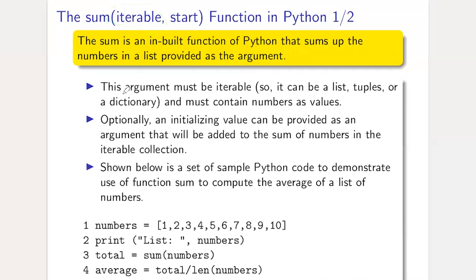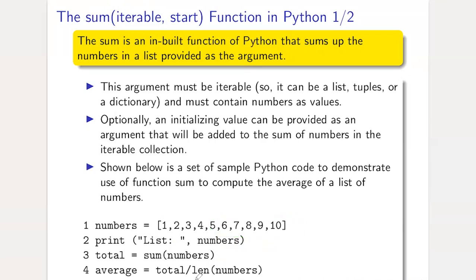So if I want the whole list, I can leave the second argument blank. But if I want to start from somewhere else, I'll just give that particular address location to start, and it will count the values from there. Okay.